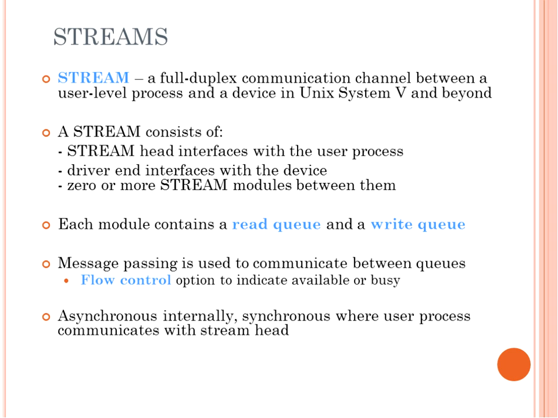Half duplex is similar to walkie-talkies. You can talk, or an intercom system, where you have to press a button to talk and let it go to hear, that means it's half duplex. Full duplex is similar to your phone or smartphone. You both could be talking at the same time. You both can be listening at the same time.